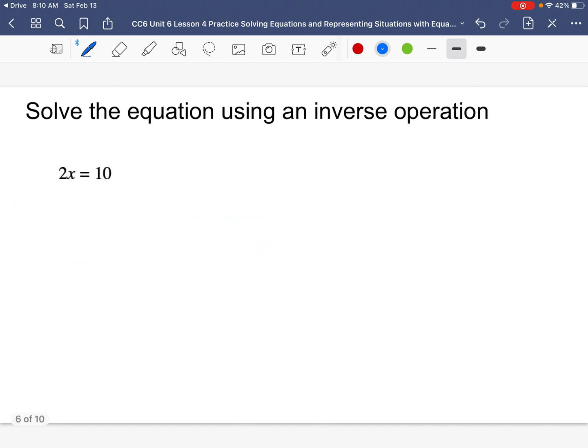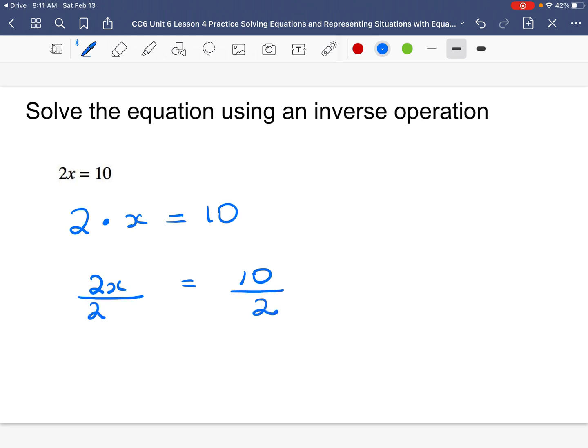Now let's look at this one. 2x equals 10. And really what we have here is 2 multiplied by x equals 10. And remember that the inverse operation of multiplied by is divided by. So I've got to take my 2x and my 10 and divide both of these by the same thing.